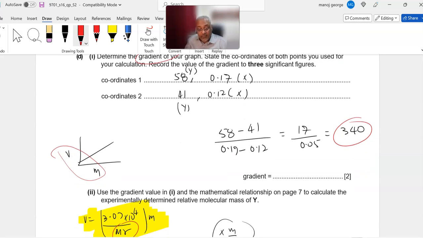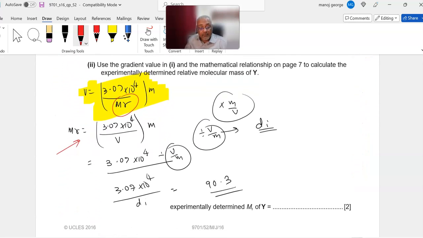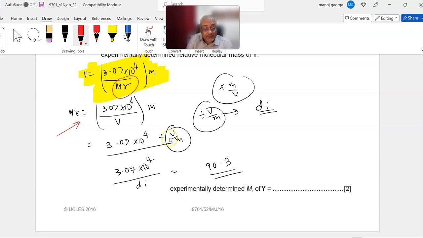So that's why when I rearrange my expression, this is m and that's v. I rearranged it divided by v by m. Remember, when I multiply m by v, I can make it divide v by m, and v by m happens to be the gradient, which is the answer of the previous question.